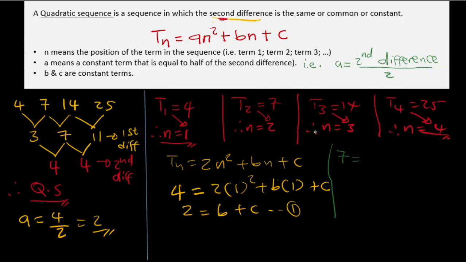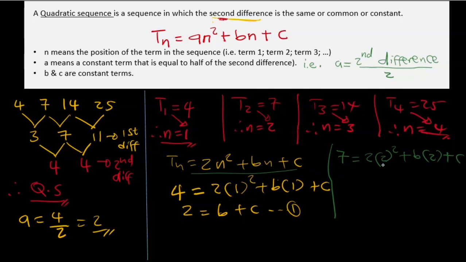7, so remember I'm using that. If T2 equals 7, therefore n equals 2. So wherever I see n, I put 2.